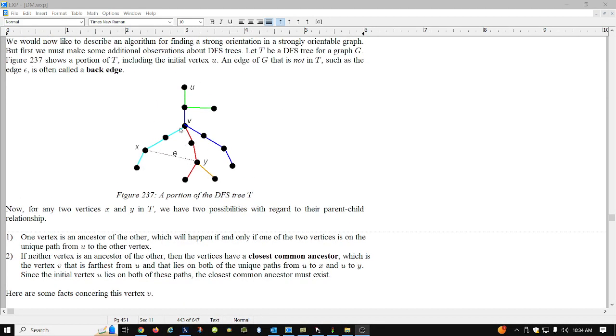So if you come back here, there could be a back edge from this vertex to this vertex, or even from this last vertex up to this vertex on the same path. Okay, there could be an edge from V to this last vertex. That is acceptable because V is an ancestor of this last vertex.